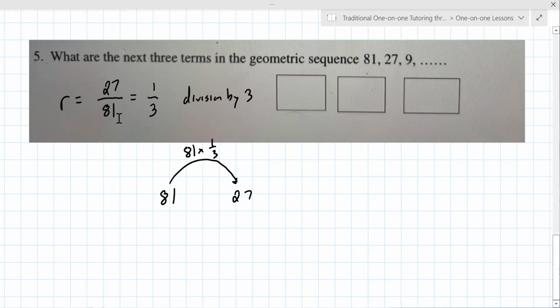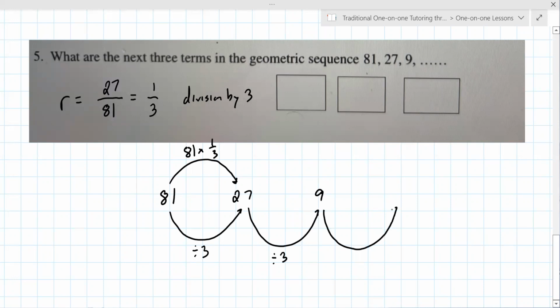The only reason that works is because it's 1 divided by 3. To get to 9, you similarly divide by 3. So what should we do next to get the next number in the sequence?